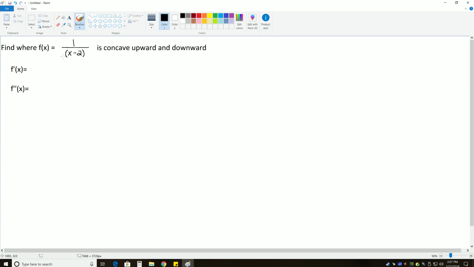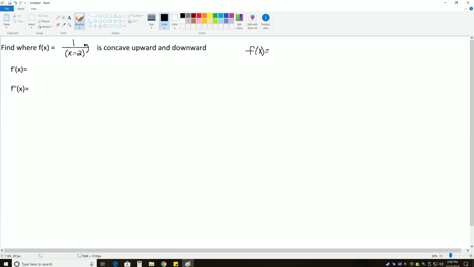So if we don't want to use the quotient rule, which generally takes the longest out of all our derivative rules, then we want to change this into something that we can find the derivative of more easily. So I'm going to rewrite our function f of x, changing this from a fraction to just bringing this denominator up to the top with a negative exponent.